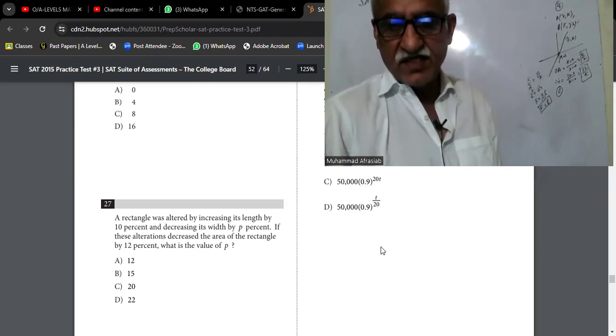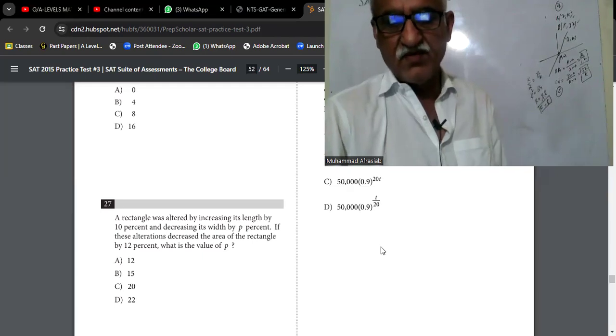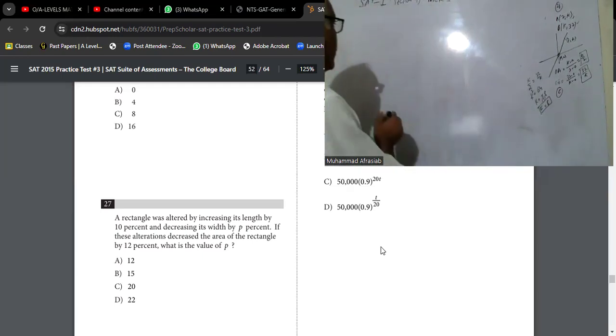These alterations decrease the area of the rectangle by 12%. What is the value of p? Question number 27.